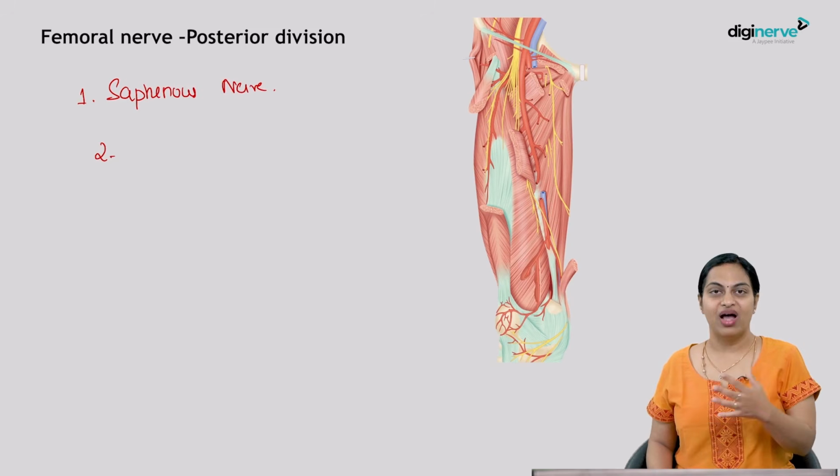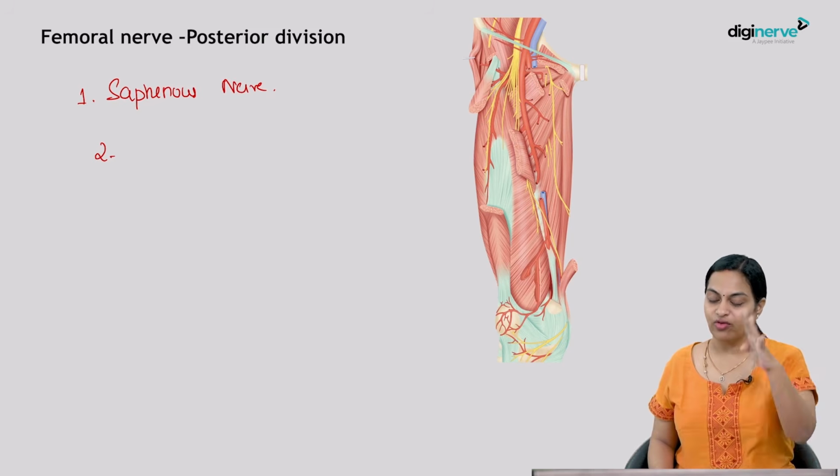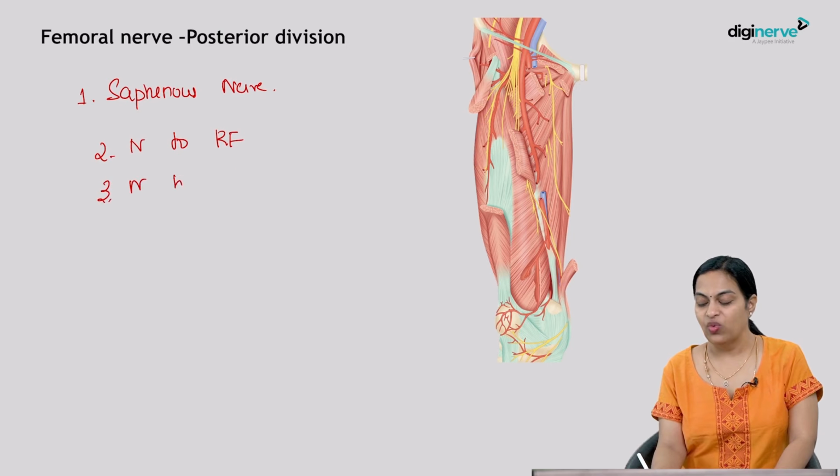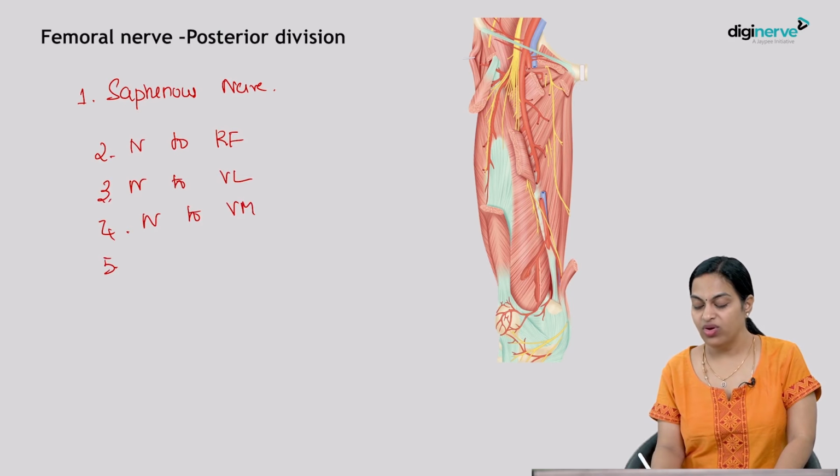And then it gives branches to supply the quadriceps muscle, the four components of it. Nerve to rectus femoris, nerve to vastus lateralis, nerve to vastus medialis, and one more, nerve to vastus intermedius.